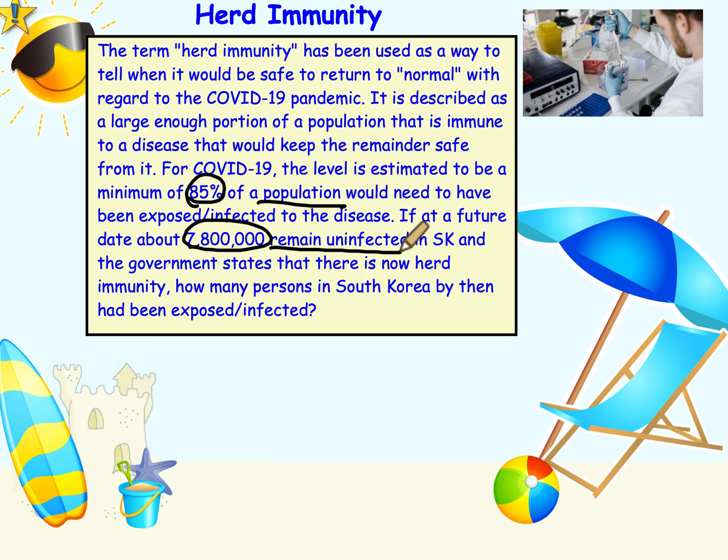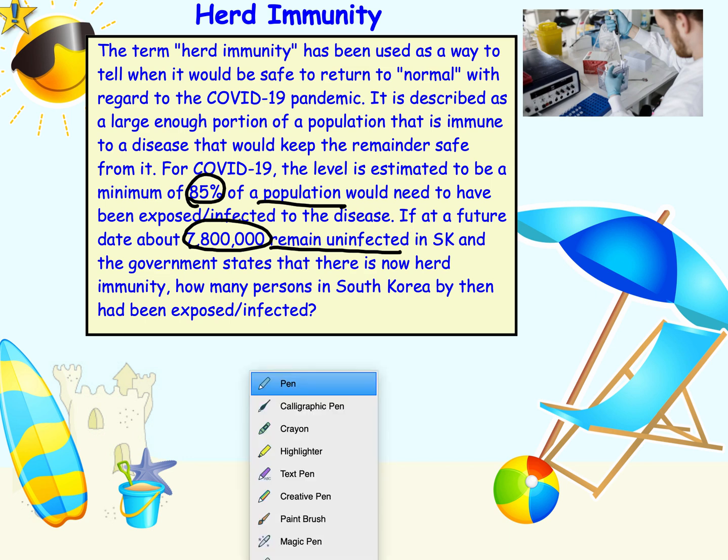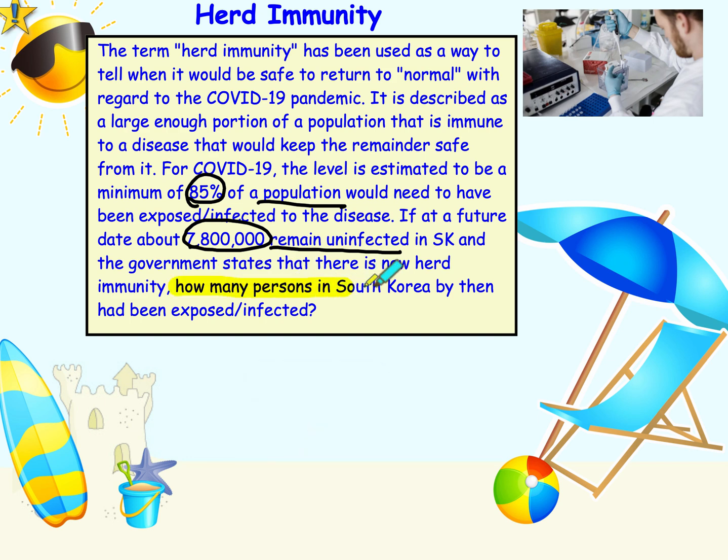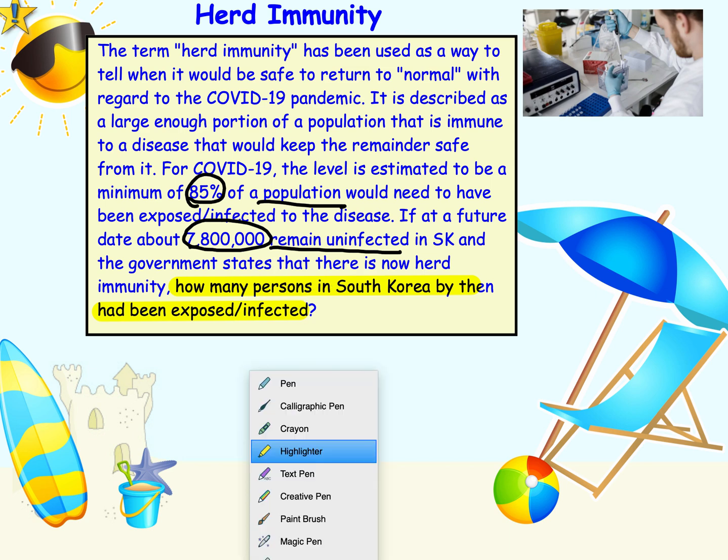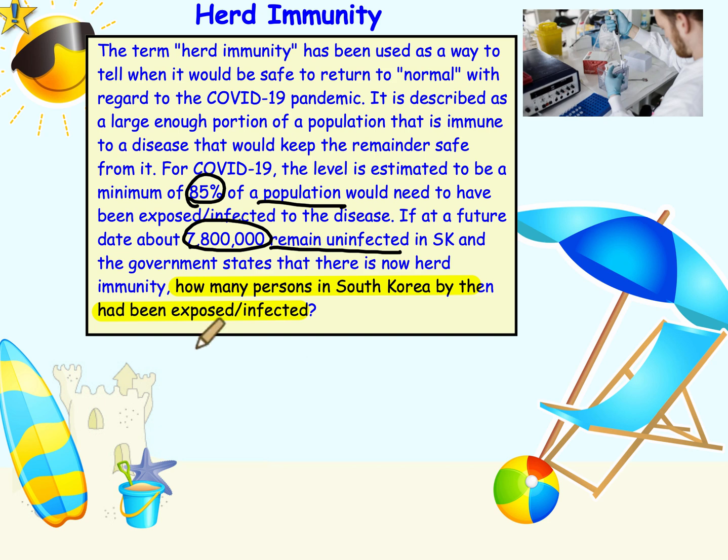The question we're trying to answer is: how many persons have been exposed or infected? That's going to be the big number, representing 85% of our population. So we need a variable to represent our South Korea population.